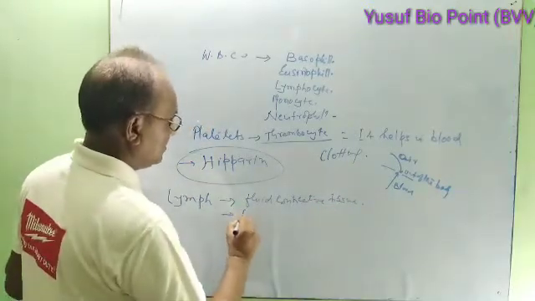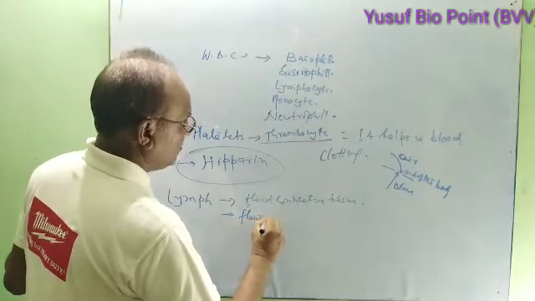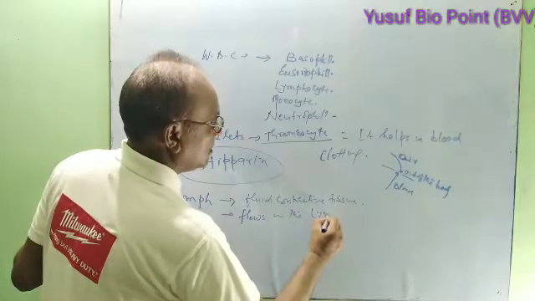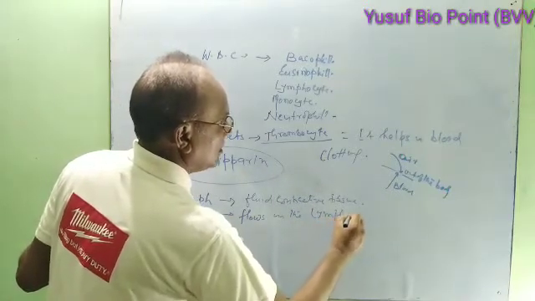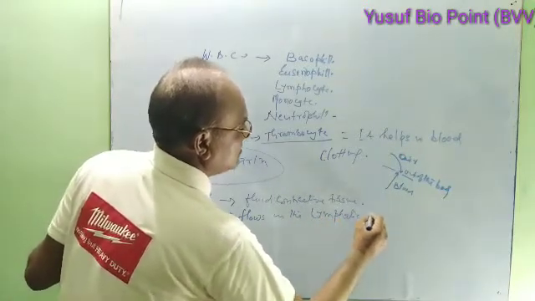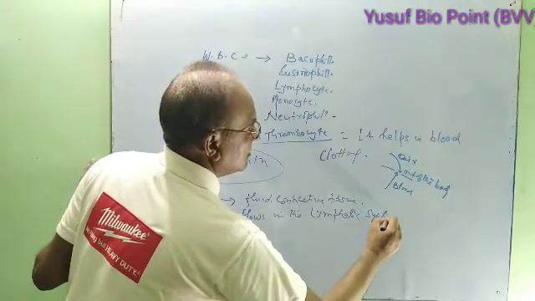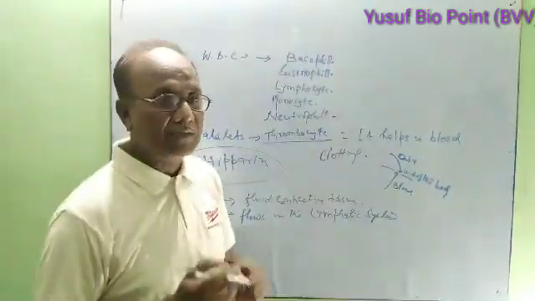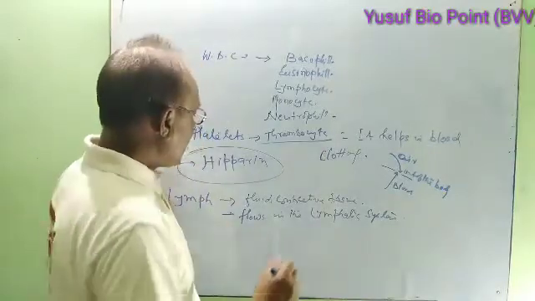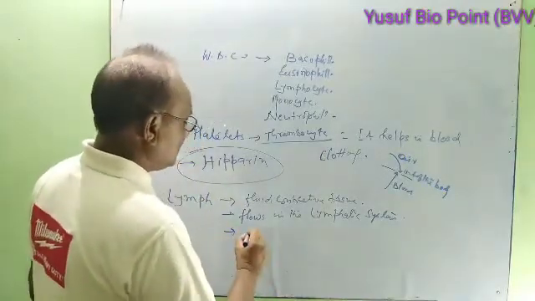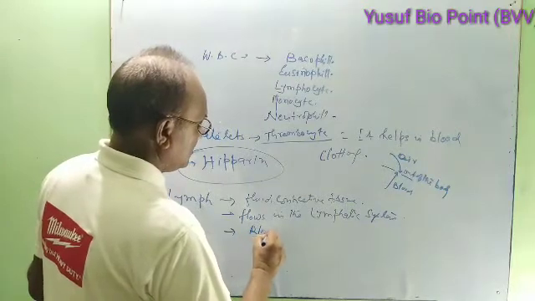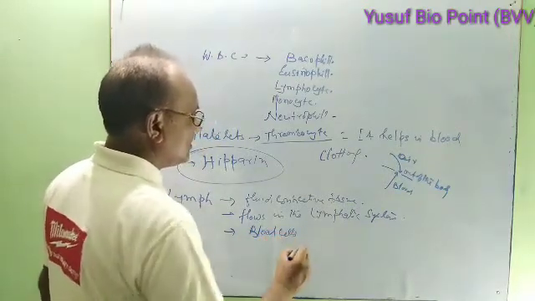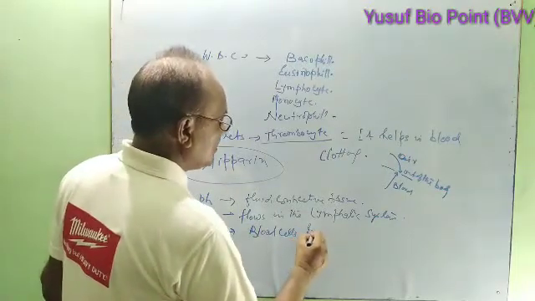It flows in the lymphatic system, which contains lymphatic vessels, lymph nodes, and it contains blood cells. Understand? Proteins.